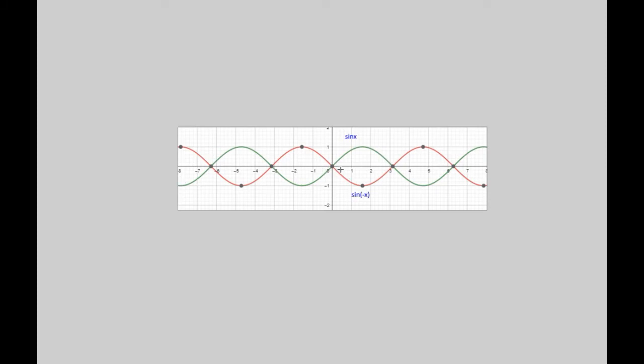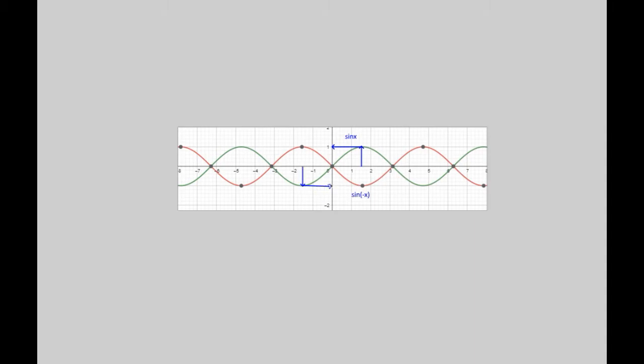Let's say, for example, this point here is 90 degrees. At 90 degrees, sine theta, opposite divided by hypotenuse, will produce an output value of 1. That's what happens at 90 degrees. Now, if I were to try and plug 90 degrees into sine minus x, it would read minus 90 degrees, which gives us minus 1.